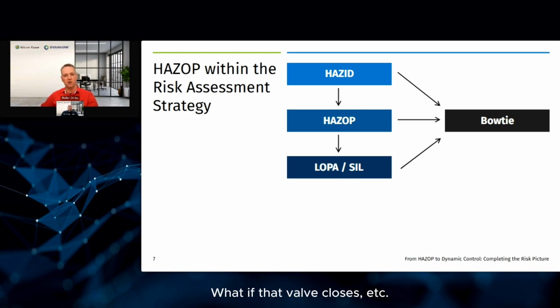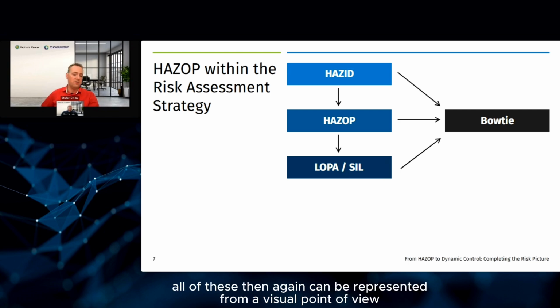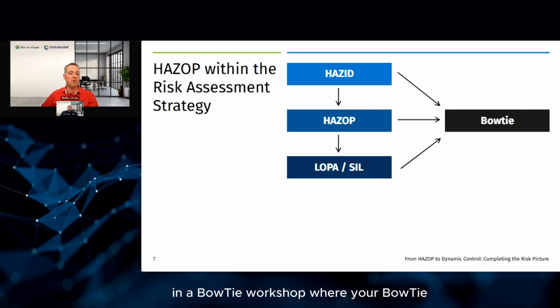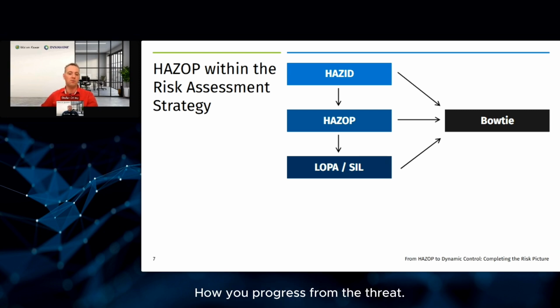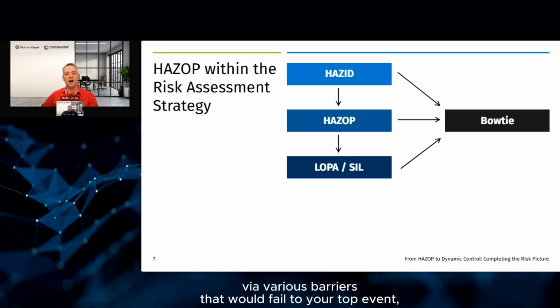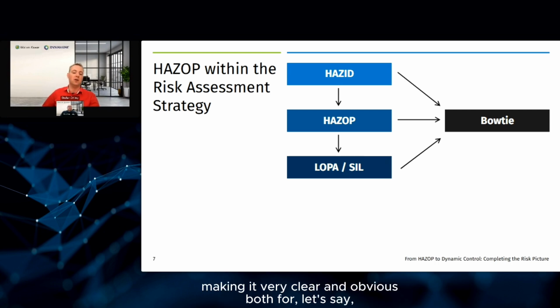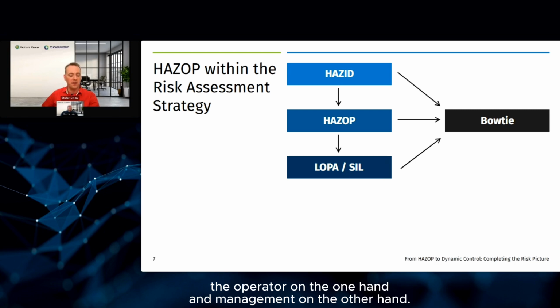What if that valve closes, etc. All of these, then again, can be represented from a visual point of view in a Bowtie workshop, where your Bowtie methodology allows you to make it very clearly visible how you progress from the threat via various barriers that would fail to your top event and then ultimately to your final consequence, making it very clear and obvious both for, let's say, the operator on the one hand and management on the other hand.